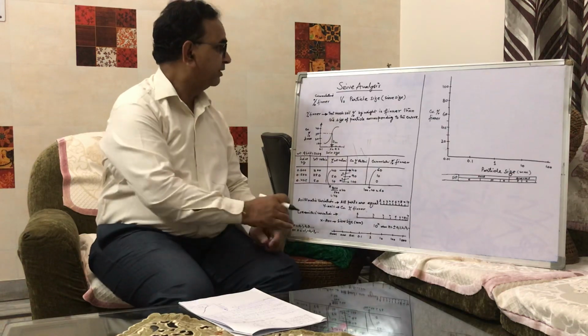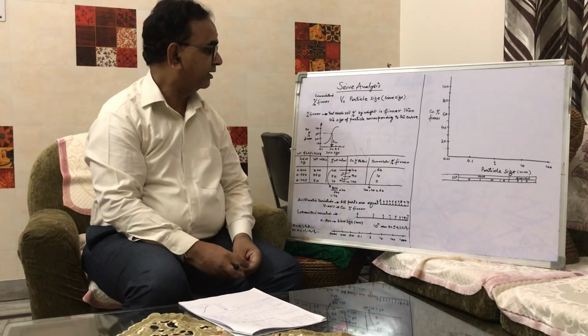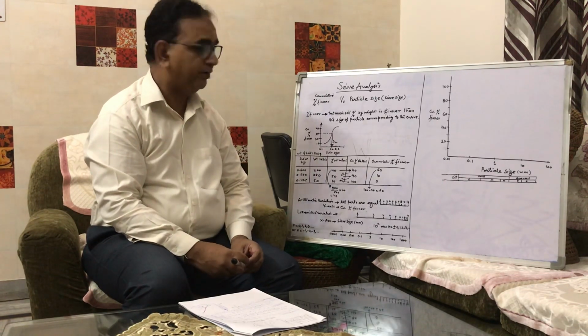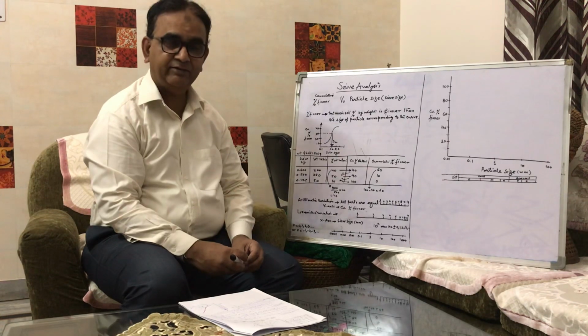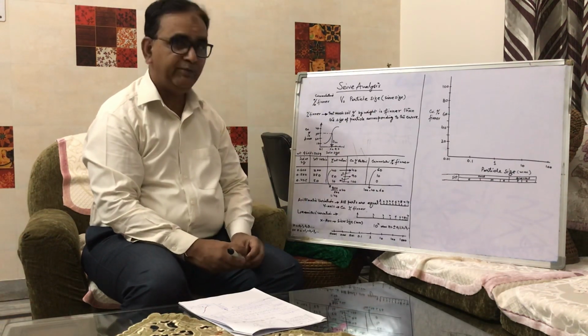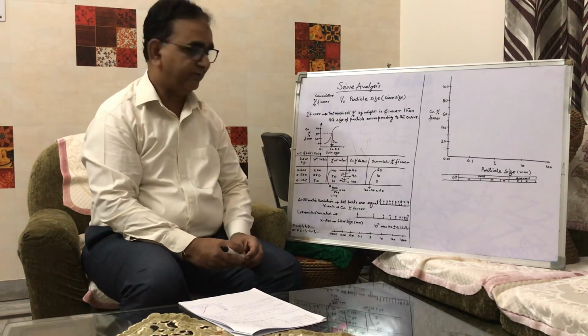First, in sieve analysis you have to plot the S curve between the cumulative percent finer and the particle size, or in this case the sieve size in millimeters. So first of all you should know what percent finer is.